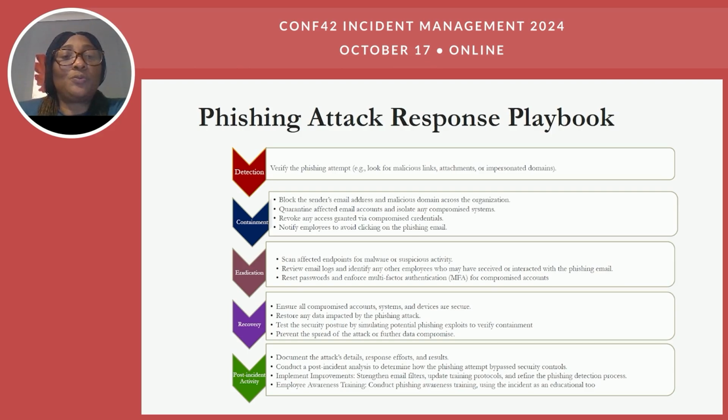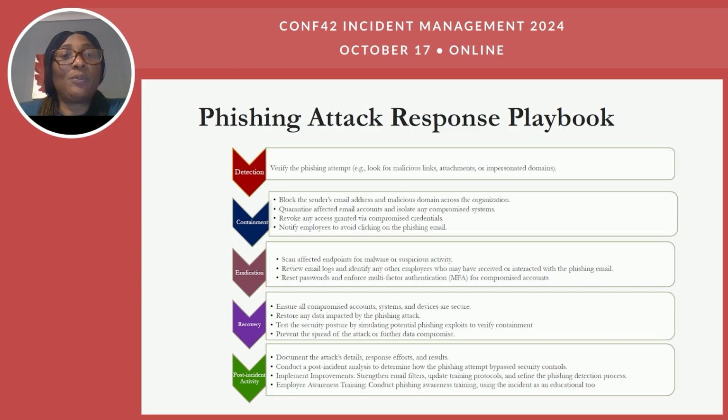You are looking at what you've done, and you're trying to identify the gaps as well as what you can do better to improve on the security posture. And here you can begin to consider strengthening the email filters and also providing training to the employees to ensure that they are phishing aware, especially when they see any of those emails being sent by the threat actors.